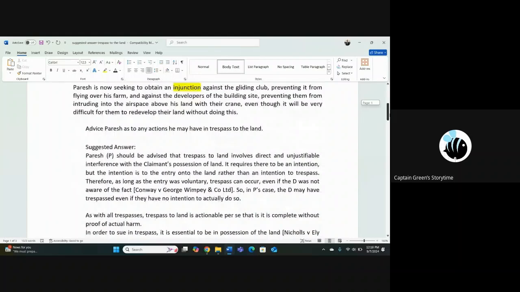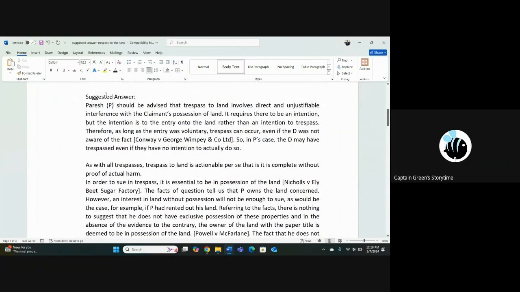Now, coming towards our answer. Paresh should be advised that trespass to land involves a direct and unjustifiable interference with the claimant's possession of the land. This is the definition. We first of all stated the definition.